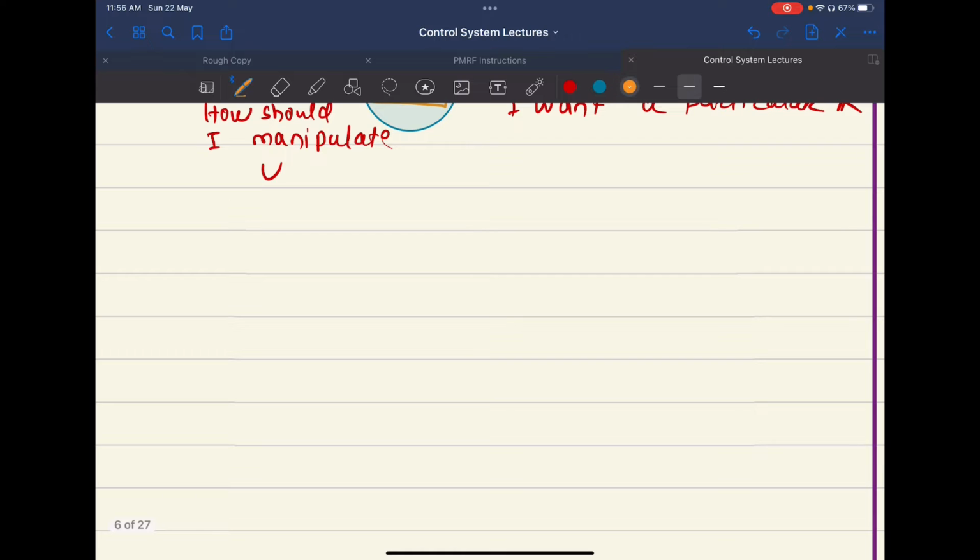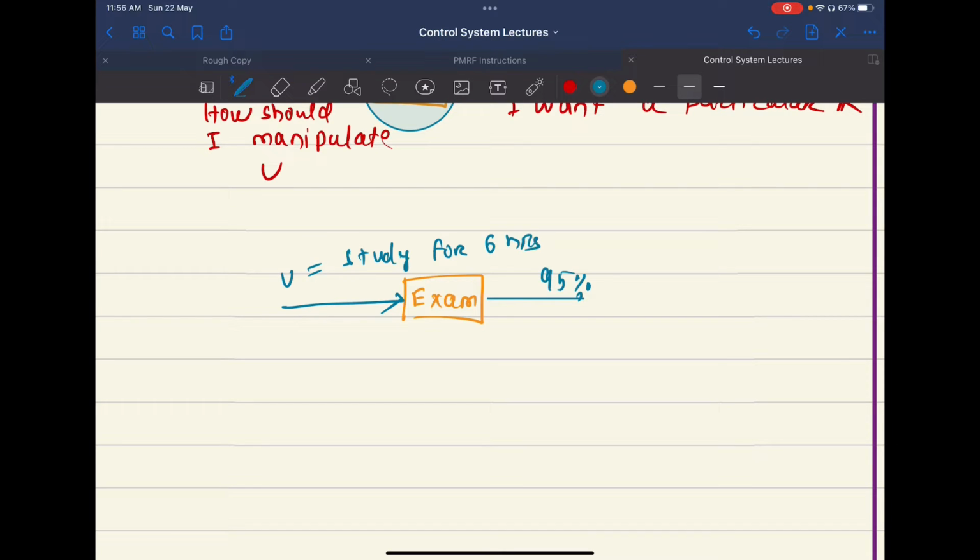Just an example, if the exam is your system, some mathematics exam, and you want 95% or something, what should be your strategy? You need to study a few more hours, like 6 hours a day. So this is called a strategy.